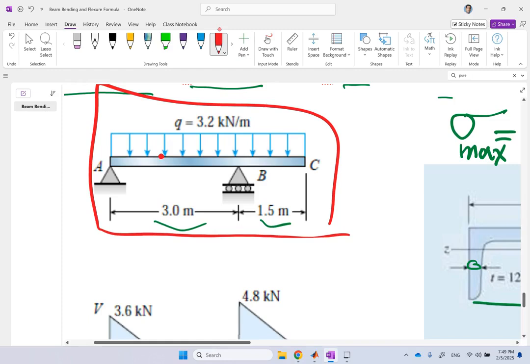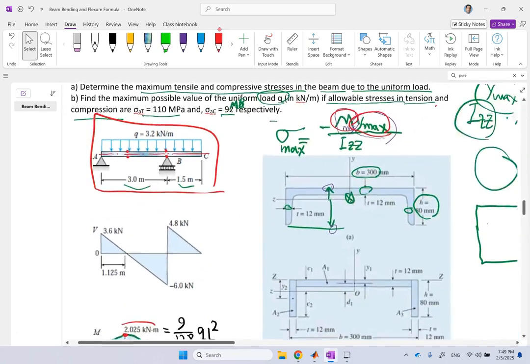One is here, one is there, one is here, one is there. And find the maximum tension and compression in these four spots and then compare it against the allowables. And my neutral axis is, of course, passing through somewhere here. Where? We'll find it.